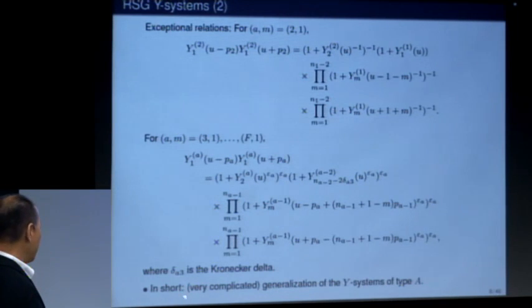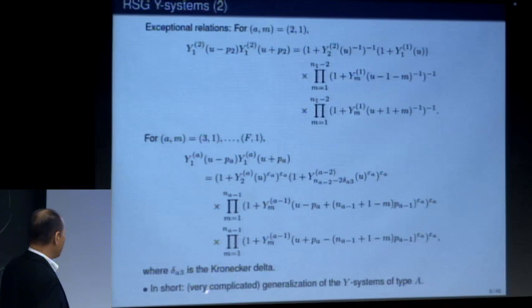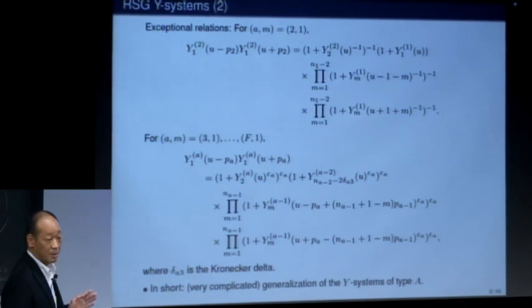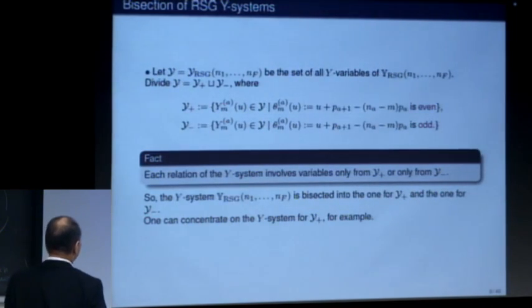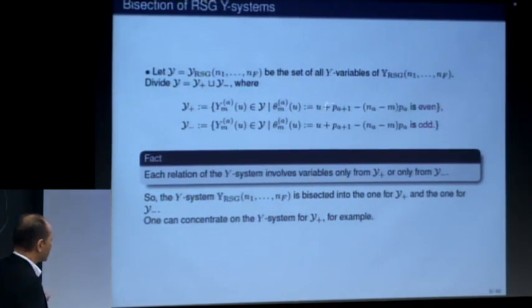So, summary so far: our SGY system is very complicated, but nevertheless it is a generalization of the Y system of type A. At least one can say the following. This Y system can be decomposed into two parts by parity. Let Y be the set of all Y variables. For each AMU, you can calculate these things.